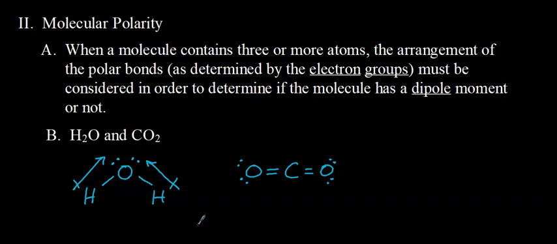So also notice that in water we have 2 lone pairs of electrons on the oxygen end of this molecule. That, coupled with the oxygen being more electronegative, makes the oxygen end of this molecule partially negative. And because of that, the hydrogen end of this molecule is partially positive.